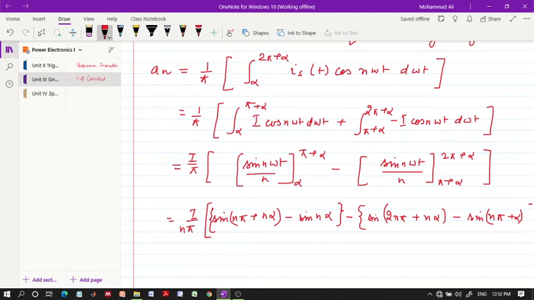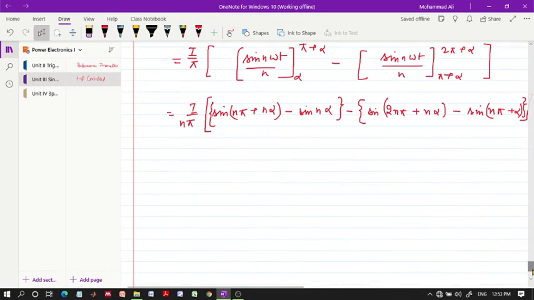Now again, as we analyzed in the previous derivation, we can analyze for different values of n. n can be even or odd.